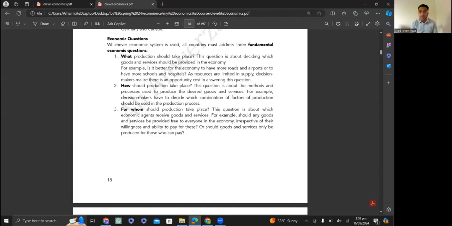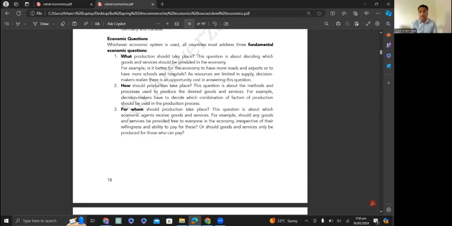For whom to produce means, for which kind of economic agents are you producing your goods, and will you give those products for free, or are you going to charge for them. So, for example, if there is a public park, a government might not want to charge for that.